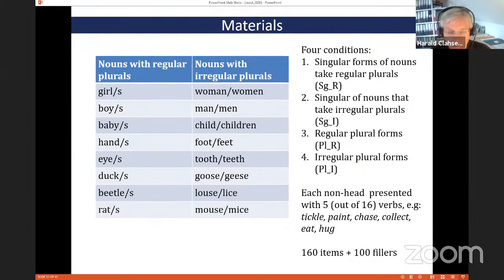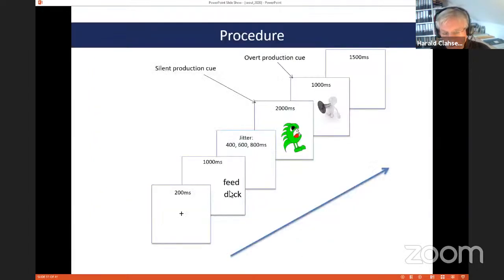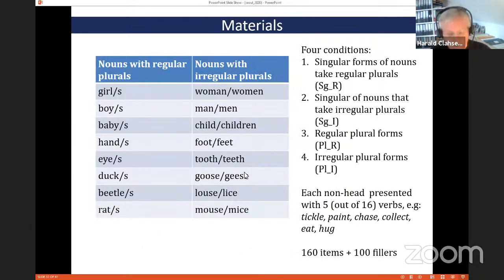They were shown verb phrases with a verb and an object, and subjects were trained to produce compounds with deverbal -er agentive head nouns, so boy biter or man biter or something like that. That's possible for all these verbs.